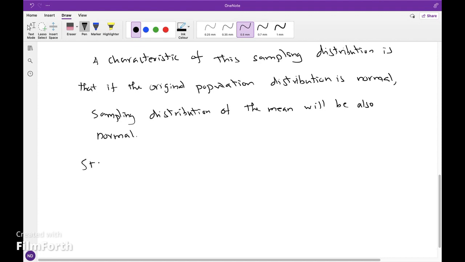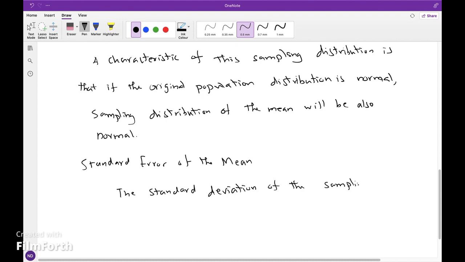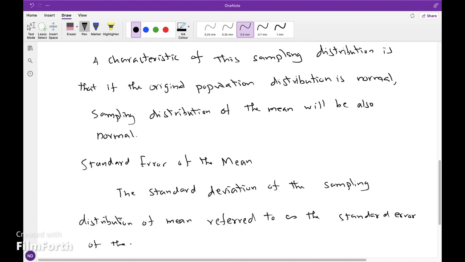Standard error of the mean. The standard deviation of the sampling distribution of the mean is referred to as the standard error of the mean, and is denoted by sigma x.